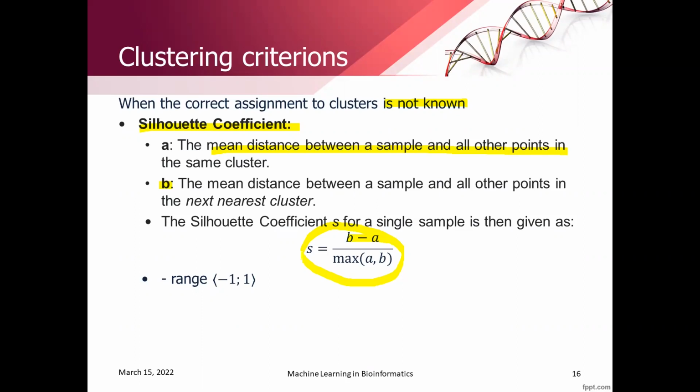So these are penalized by such a criterion, and if there are compact or convex clusters, then they usually obtain a higher score according to the silhouette coefficient.